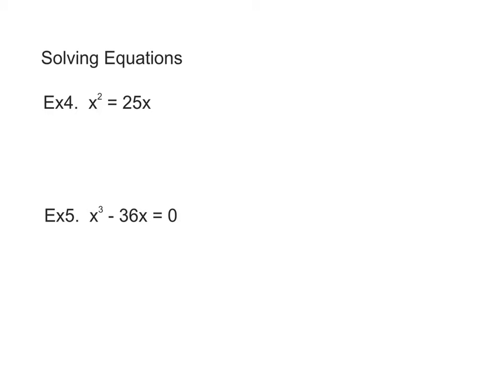Let's jump right into solving equations. They should look kind of familiar because you've seen everything, just not all at one time. So for this first one, let's begin by putting a 0 on one side. And then think to yourself, is there anything in common? And there's an x in common.